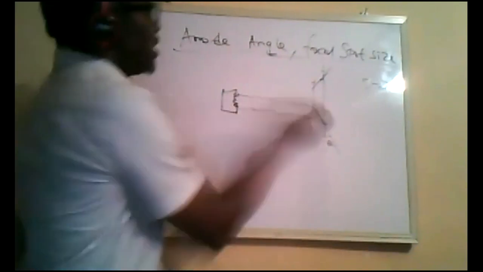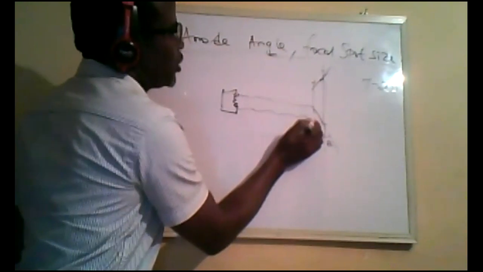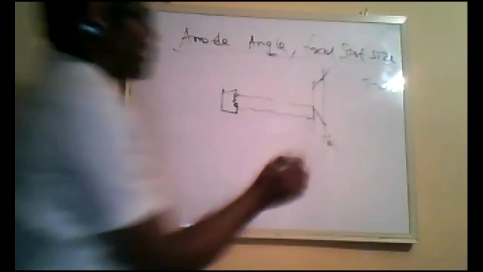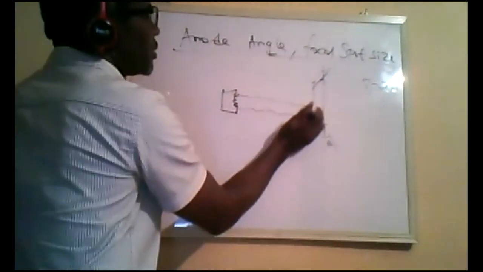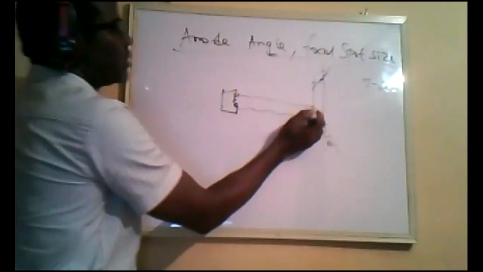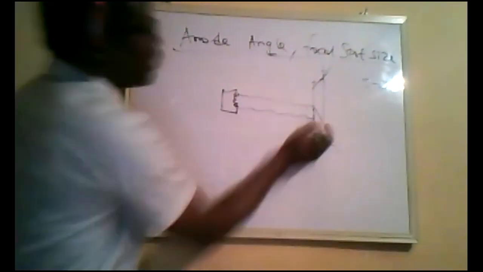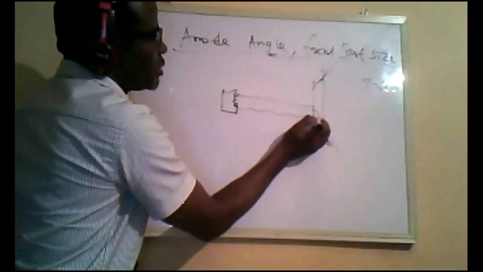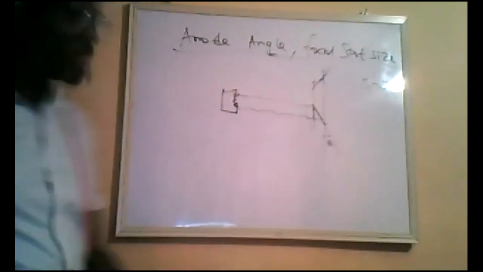If this thing were to be straight down, this is the portion where we have the impact of the electrons. But if we bevel it a little bit at an angle, this is the effective area that interacts with the electrons.